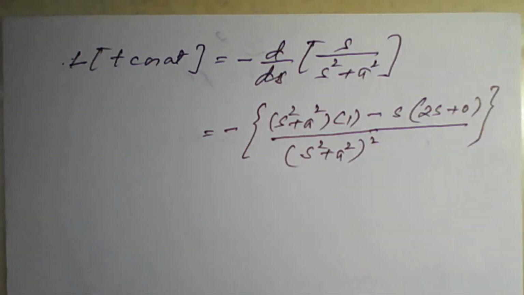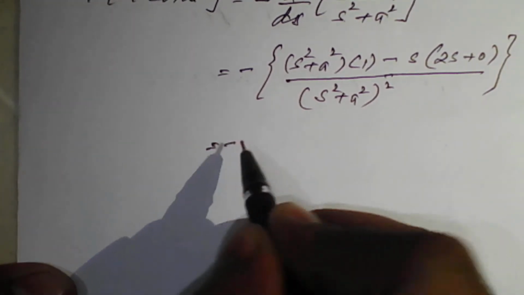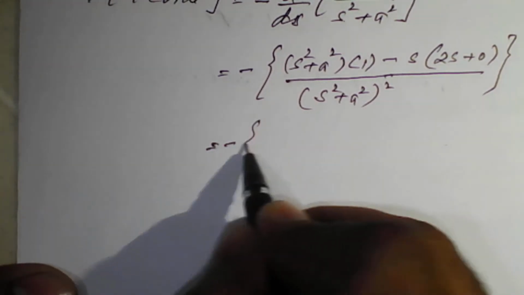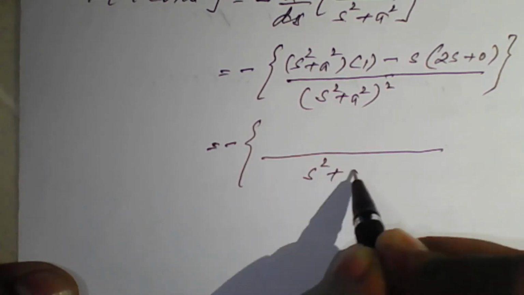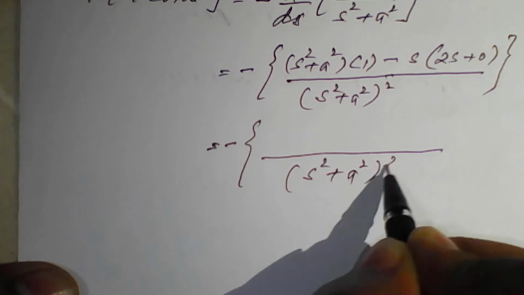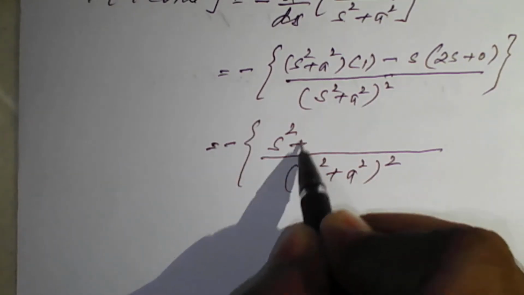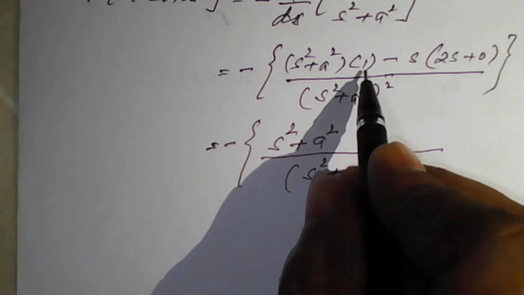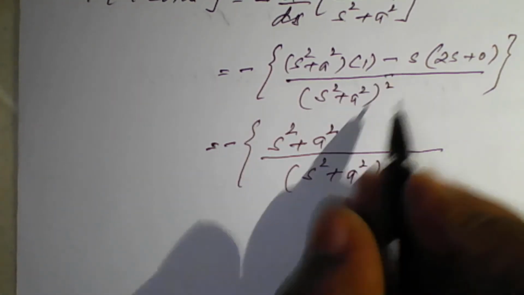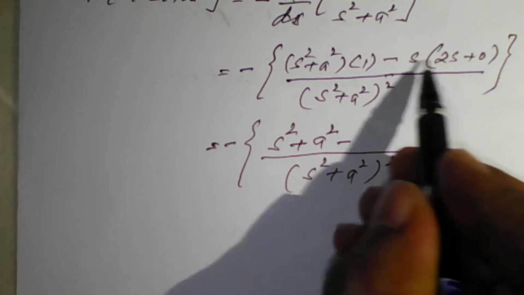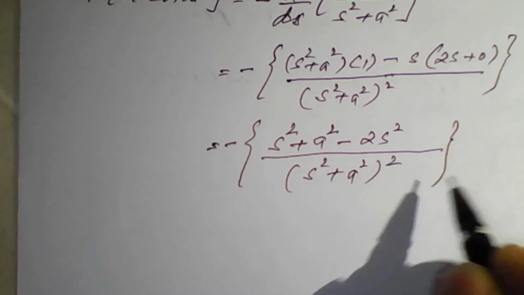So therefore on simplification, minus, the denominator will be as it is, s square plus a square whole square. Open the bracket: it is s square plus a square, because s square plus a square into 1 is s square plus a square, minus s into 2s will be 2s square.